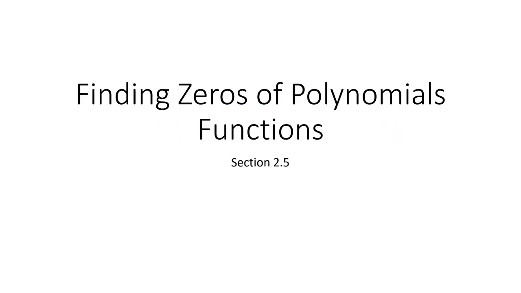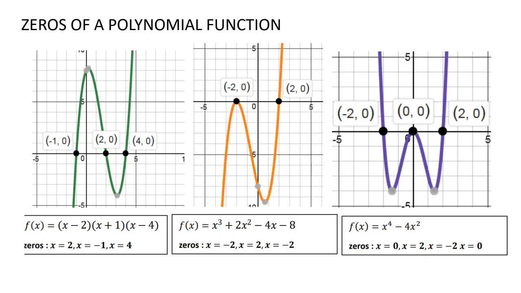So today we're going to cover section 2.5, which is finding zeros of polynomial functions. We explained this in our last session for our Math Happy Hour: when we're finding the zeros, what we want to find is the x-intercepts, where the graph is crossing the x-axis.